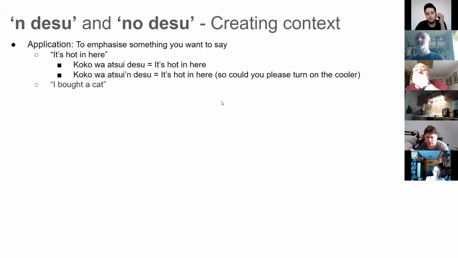So this is kind of also using it for, as in English, you don't say "it is hot in here," but you say "it's hot in here" to soften the sentence all over. I suppose so. I guess maybe we would use an emphasis within the sentence to create that meaning. Like if you just walked into a room, you could say "it is hot in here," or you could also say "it's hot in here."